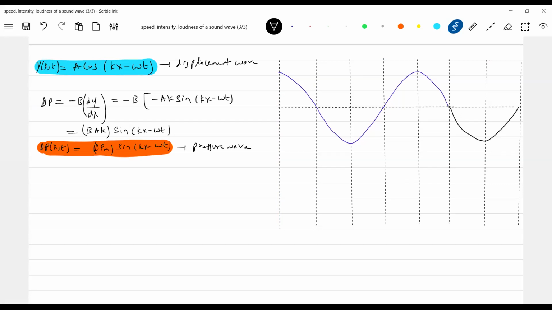So this is plus A, this is minus A, this is the Y, X graph, and the wave is propagating towards the right.